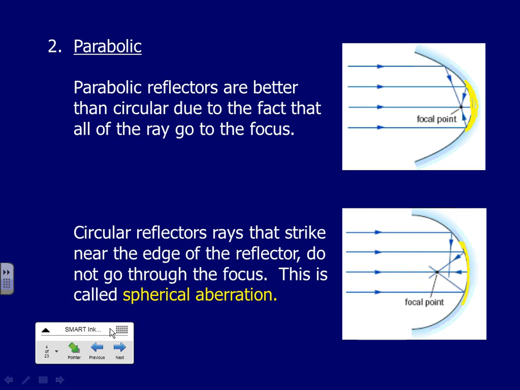It's approximately circular. So the circularly curved mirror is approximating a parabola at very short distances from the principal axis. It's a mathematical thing. Don't worry about that type of stuff. It's not important. It's not on a test or anything like that. Well, except that circularly curved mirrors can undergo spherical aberration and parabolic are better.